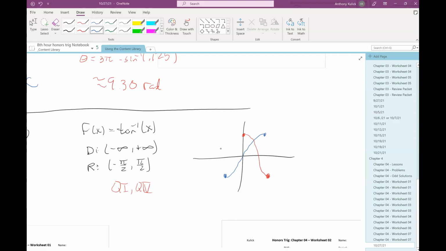Usually we try to restrict our domain as close to 0 as possible, or we want to include 0 actually. For cosine, we can start at 0 and get the other side of it. For sine, we can't do that because it's the midpoint instead of an extrema. Is that satisfying?